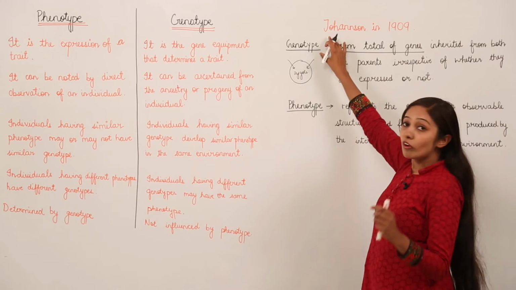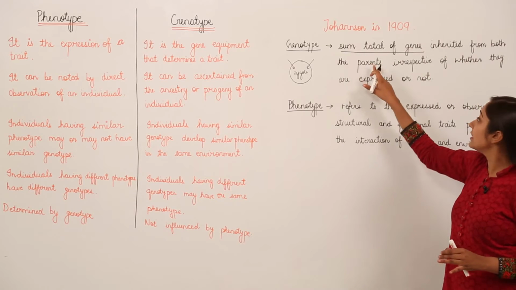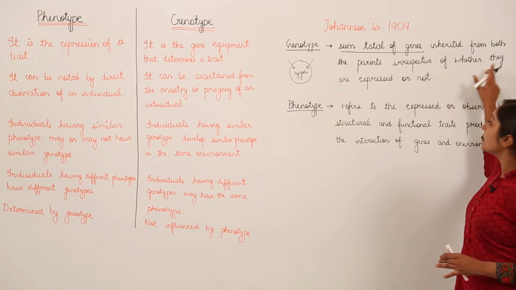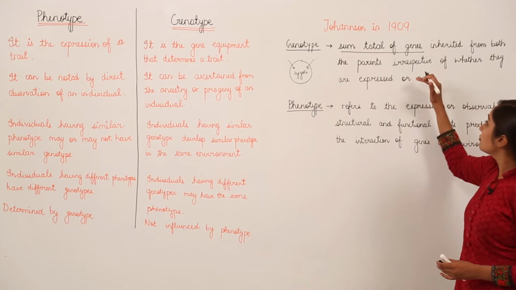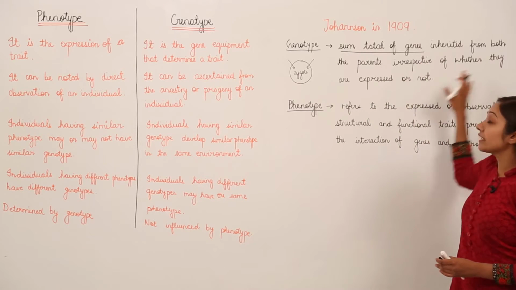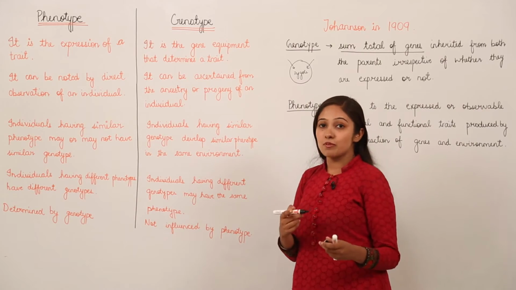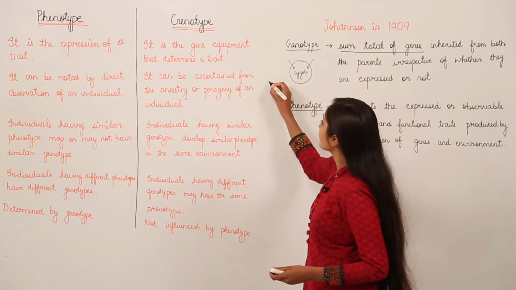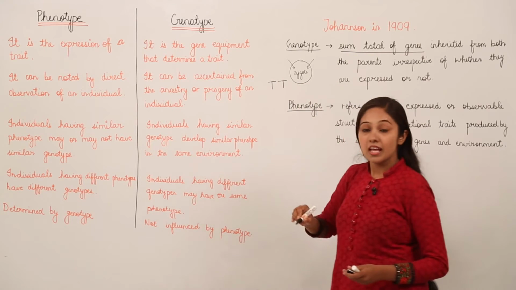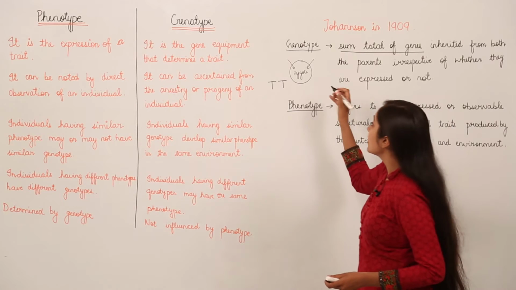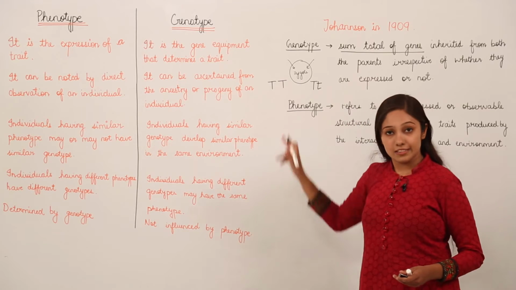So genotype is the sum total of genes inherited from both the parents, irrespective of whether they are expressed or not. Now what does this line mean? Irrespective of whether they are expressed or not. For example, if we have a genotype of an organism, say an uppercase T and an uppercase T, and another genotype with an uppercase T and a lowercase t.